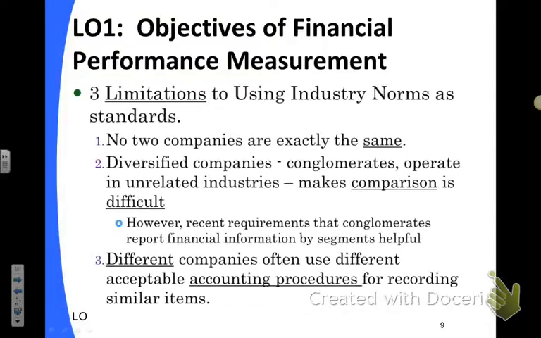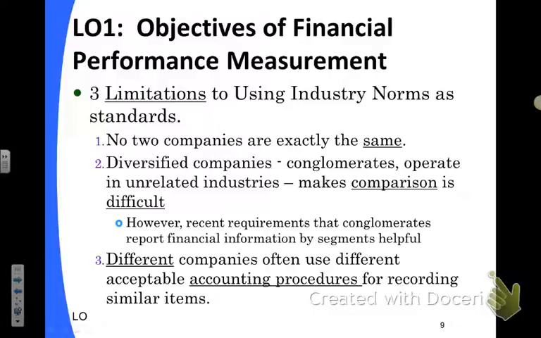So some limitations to using industry norms would be that no two companies are really exactly the same. While we can say that Target and Walmart are similar companies, they're not exactly the same. They're both discount department stores, but they don't operate exactly the same.